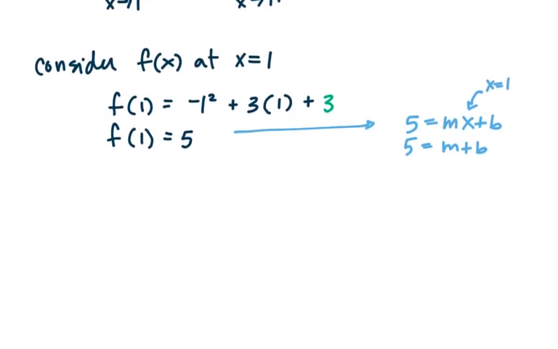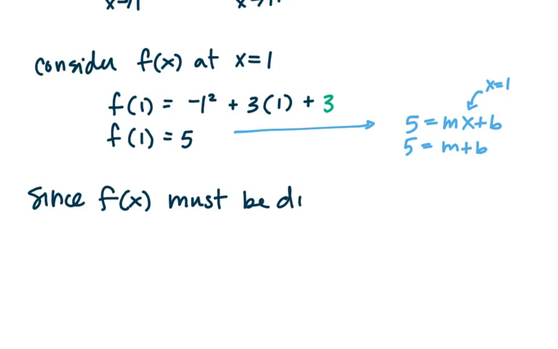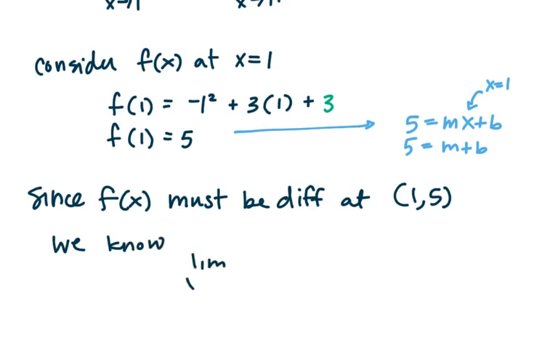So since f of x must be differentiable at that point, (1, 5), now that we know this, we can say the limit as x approaches 1 from the left, so on our curve, f prime of x, the derivative, needs to equal the limit as x approaches 1 from the right of the derivative.